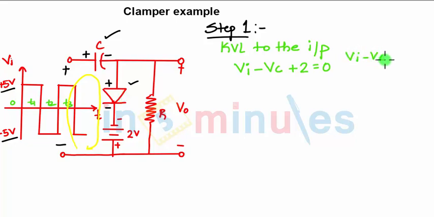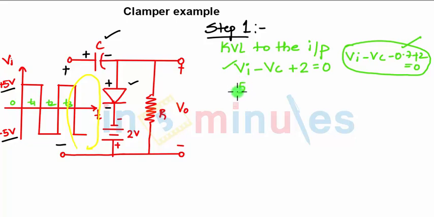VI minus VC, then minus 0.7, plus 2 equals 0. This is the only change if the diode is considered non-ideal. The equation I am writing is for the ideal diode, with which we are not considering the 0.7 voltage drop, right? So now, in the positive half cycle, the input swing goes from 0 to 5 volts.